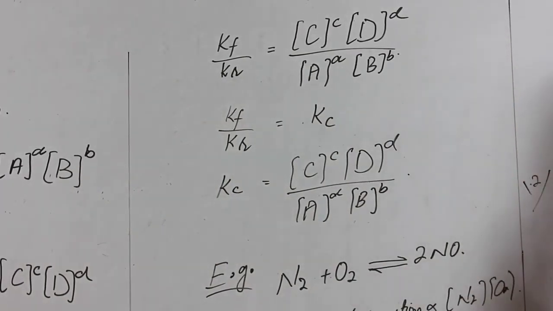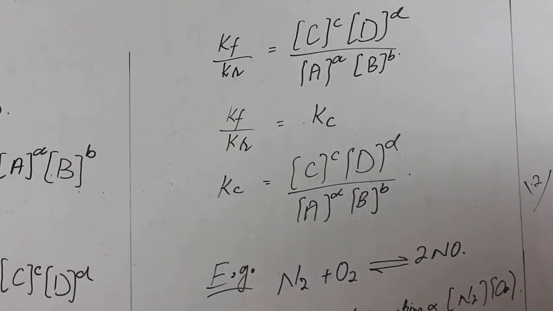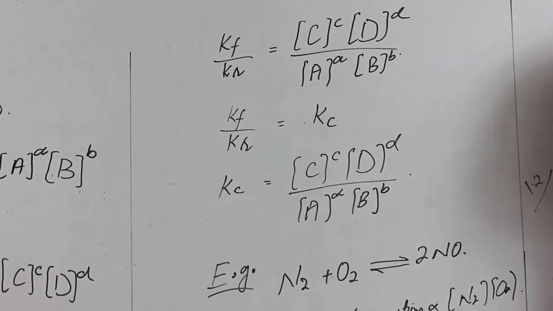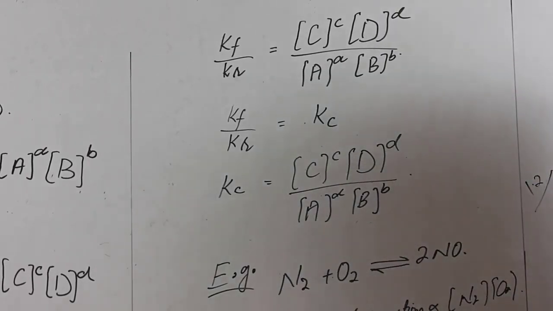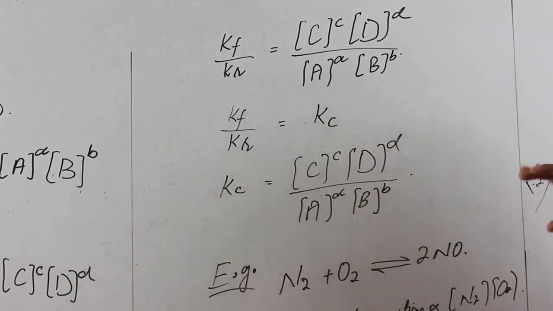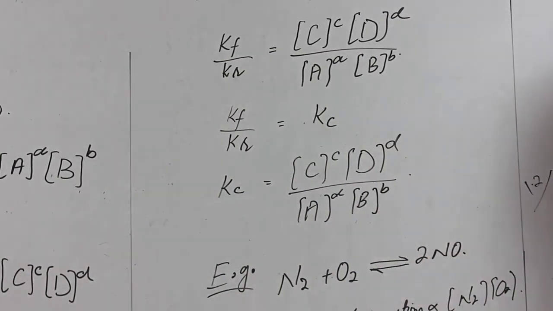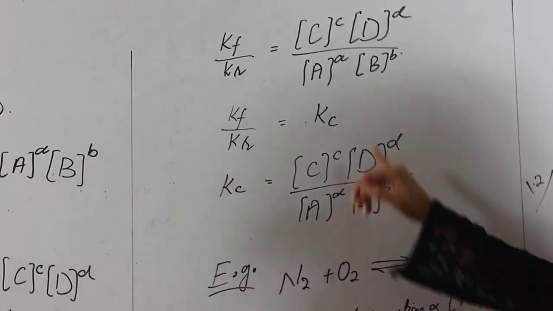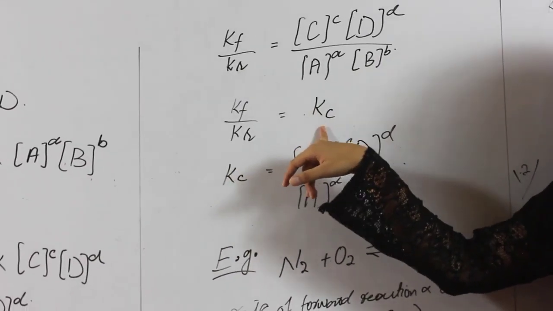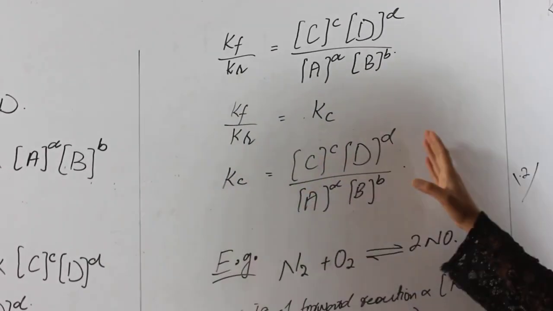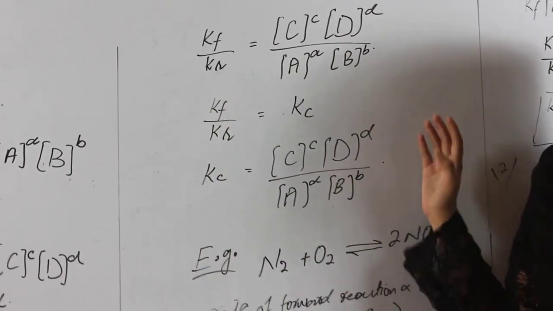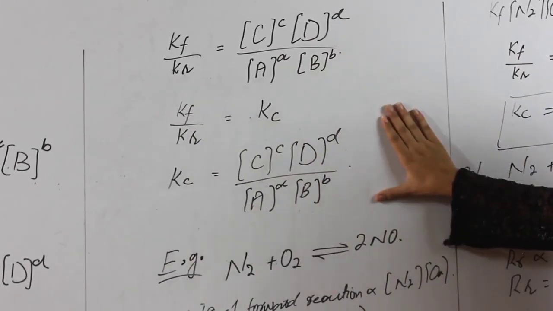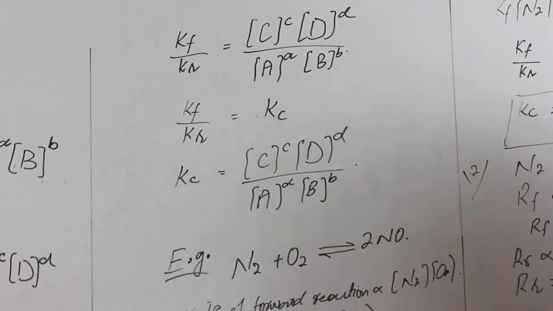After applying the cross exchange method, the ratio between the forward and the reverse constants is equal to a new constant, the equilibrium constant, represented by Kc. In place of the ratio between the forward and the reverse constants, we put the single constant Kc, meaning Kc is equal to the ratio of the products to the reactants. That is the derivation of the equilibrium constant.